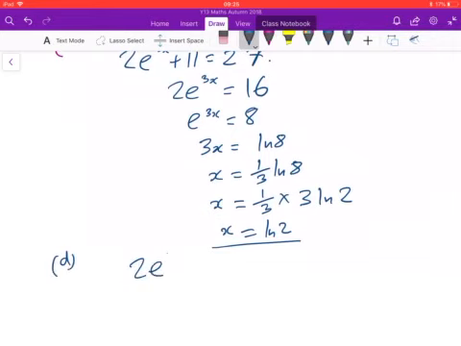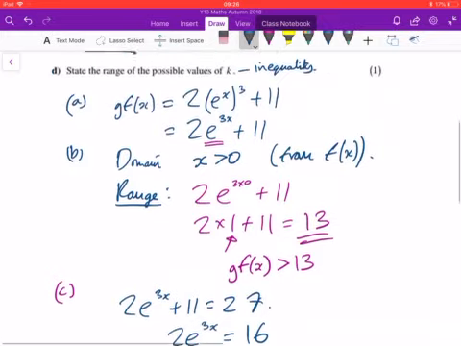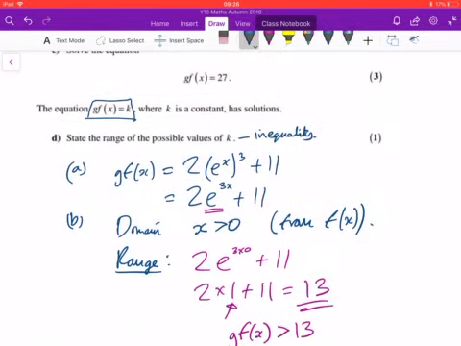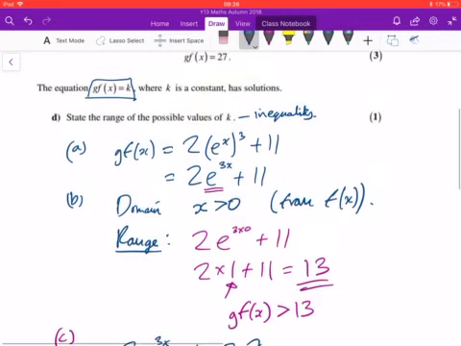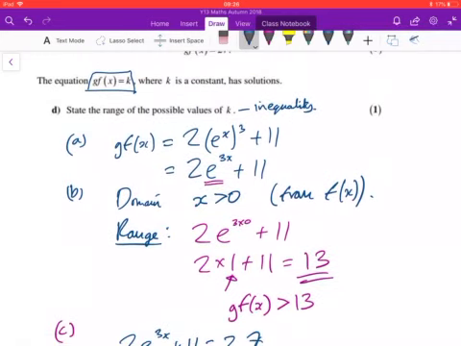It's gf of x equals k. So this one's not so straightforward. State the range of possible values of k.